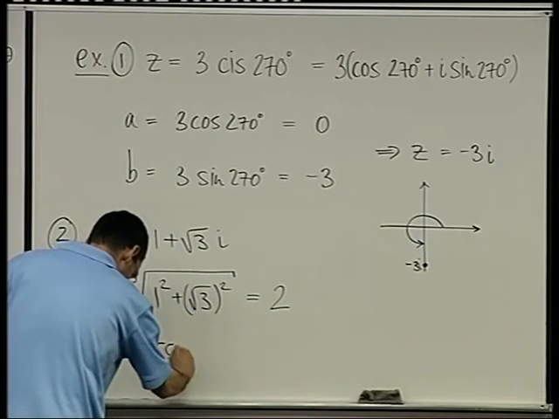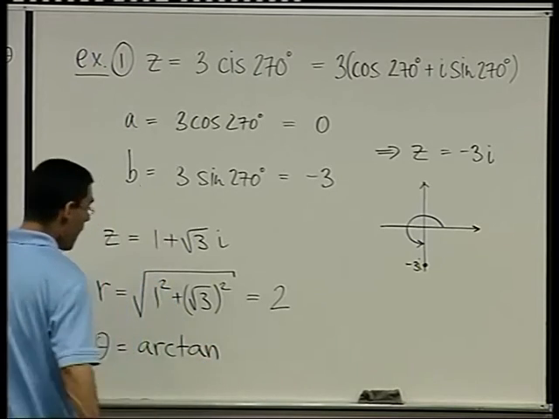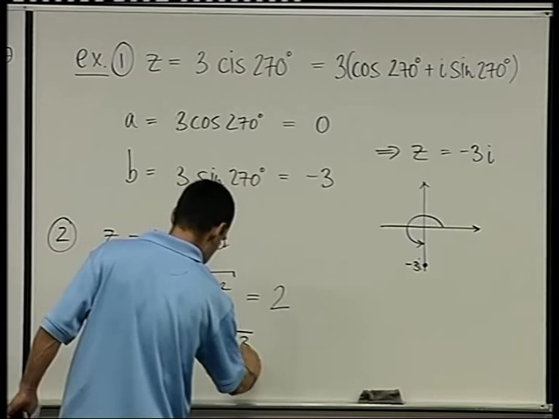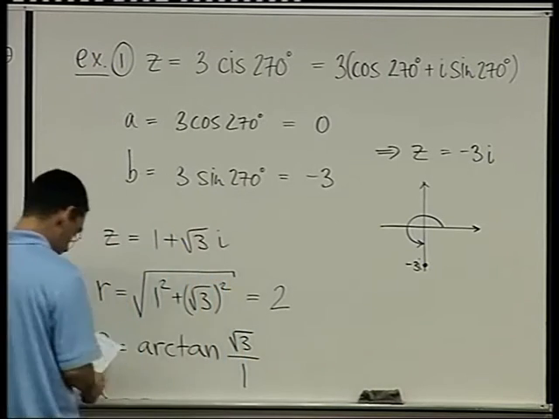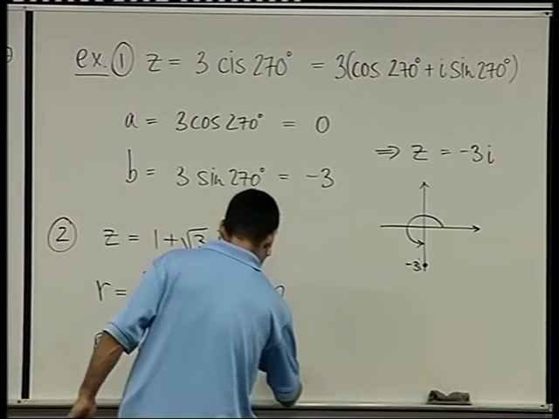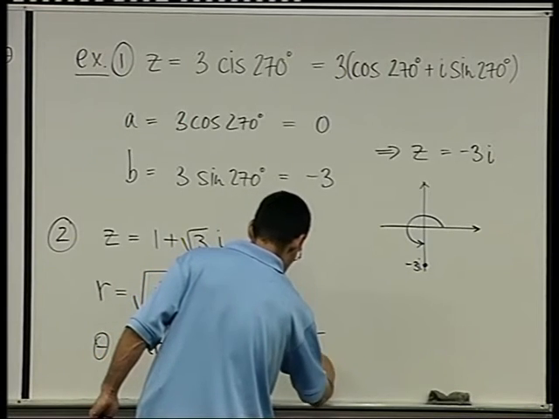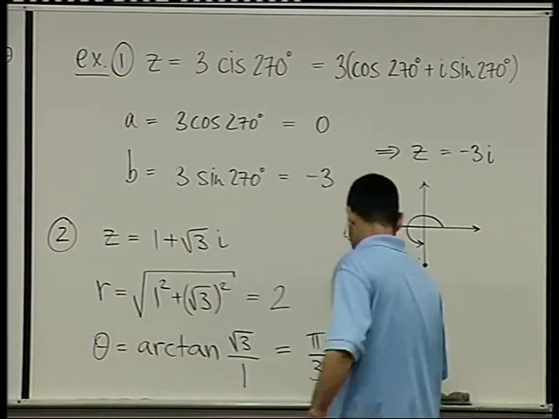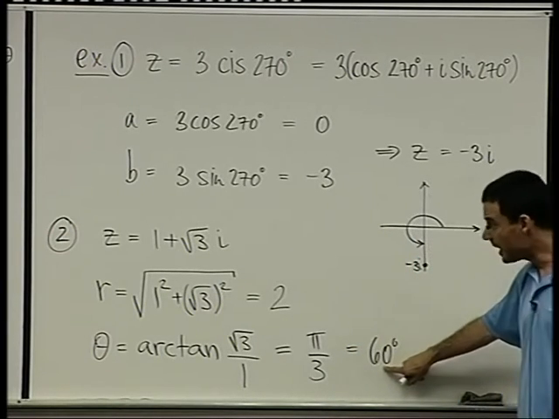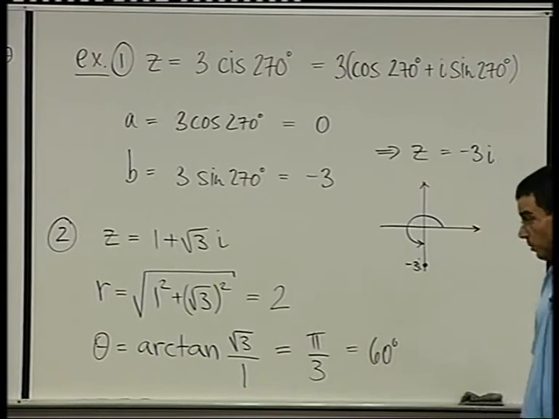Theta is arctan of b over a. So root 3 divided by 1. So it's the arctan of root 3, and the arctan of root 3 is pi over 3, or 60 degrees. Okay, because this is the angle whose tangent is precisely root 3.